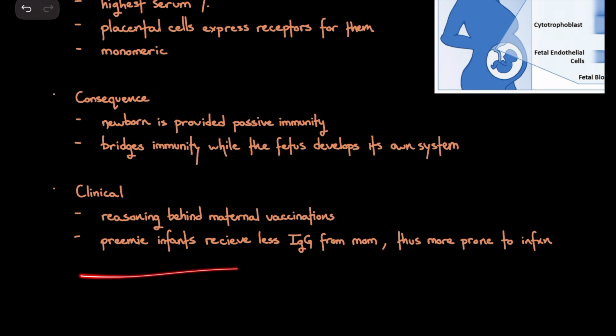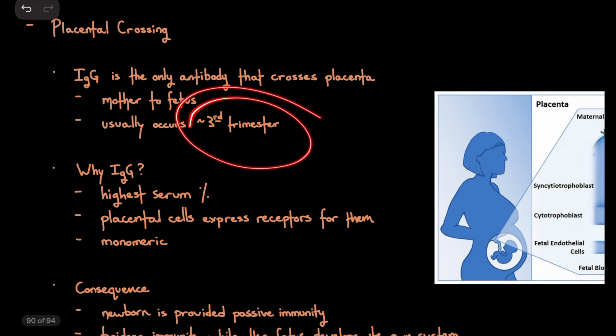Something super important to consider, of course, you've probably heard premature infants have a litany of issues associated with them because they lose that tail end of development. So be it respiratory, be it cardio, what have you, there's a bunch of problems that can arise, and to pile on the issues here is that this occurs in the 3rd trimester.